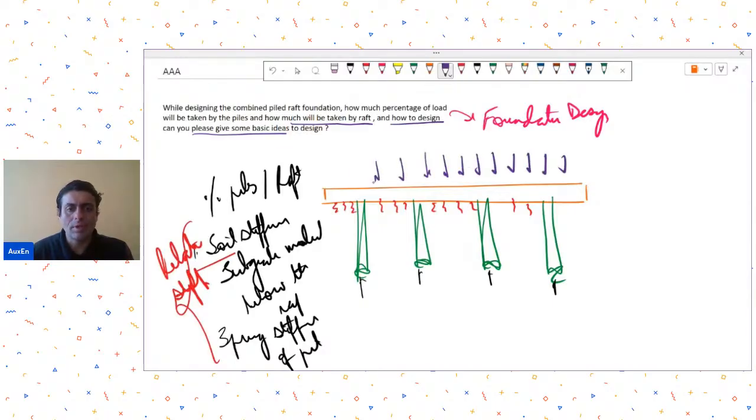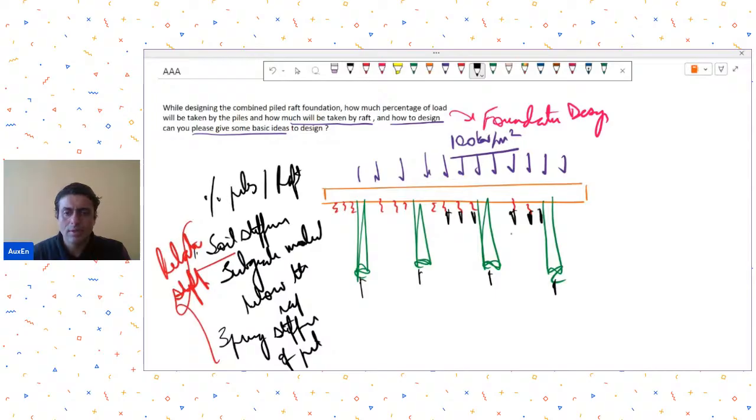So for example, you had applied certain load intensity. I'm just taking some arbitrary value right now. So let's say if there's a 100 kilonewton per meter square pressure that is acting, or load acting on your raft, then you can easily find out what is the bearing pressure below the raft.